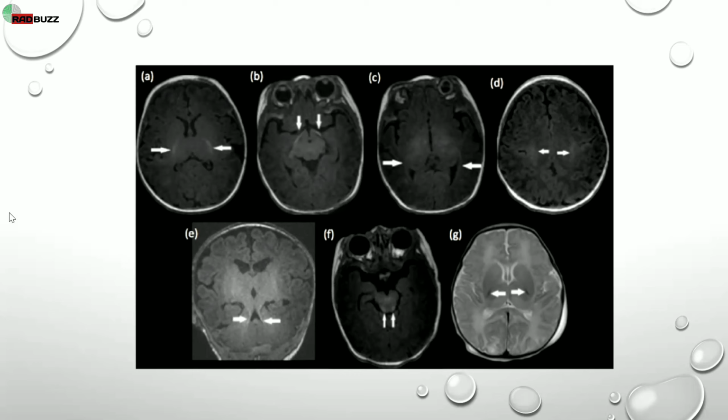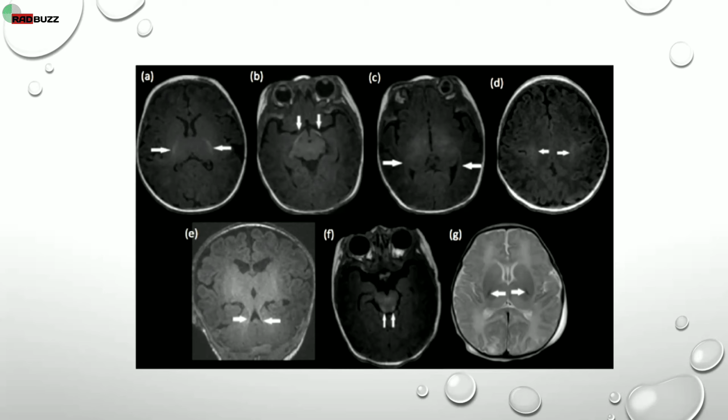So basically what happens is, when a child is born at term or preterm, there's no myelination. Myelin is basically fat, so that appears white on T1 and white on T2. Now whenever there's no myelin, that area will be blacker.